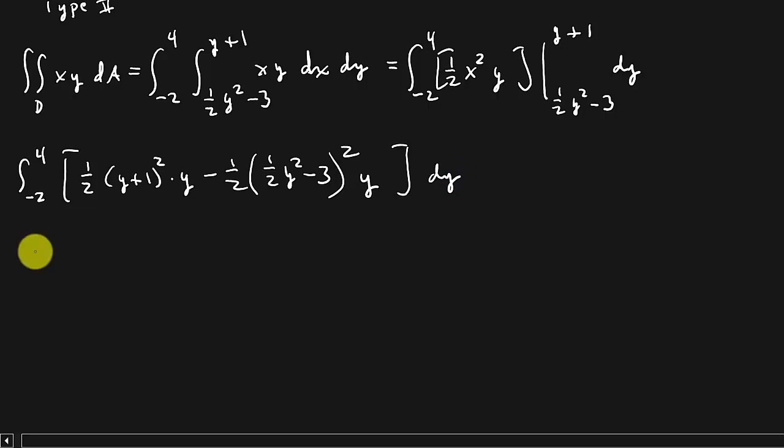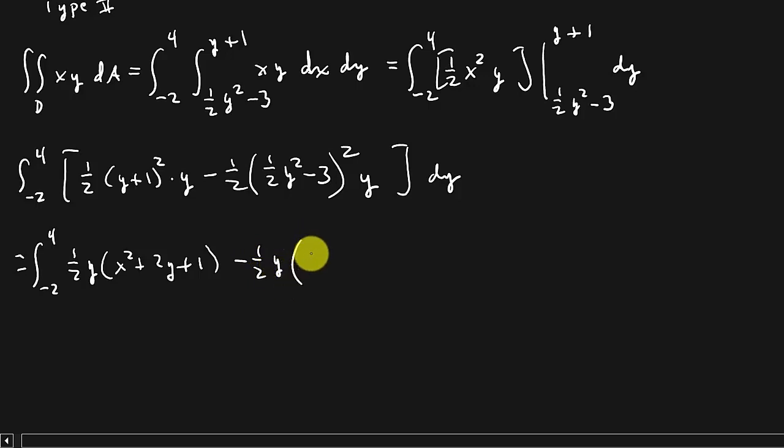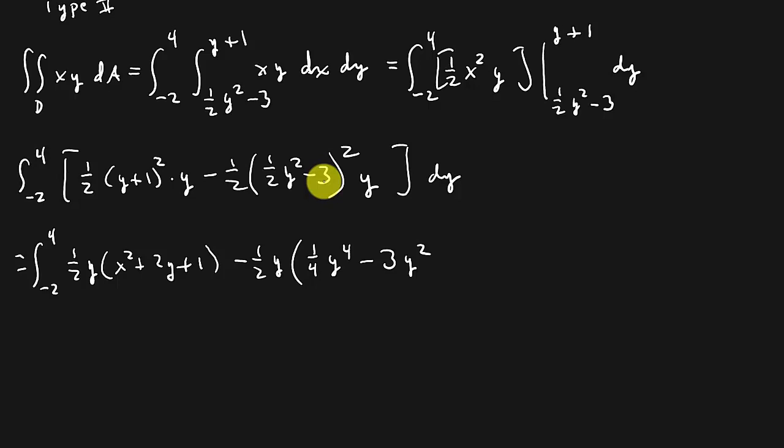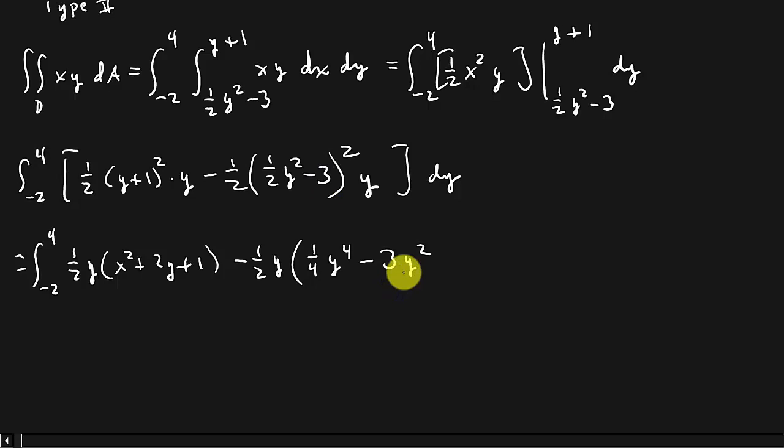All right, so let's see what this gives us. -2 to 4. That's going to be 1/2 y, and I'm just putting those together, y squared plus 2y plus 1, minus 1/2 y times 1/4 y to the 4th minus 3y squared. Because that's going to be 1/2 and negative 3, which is negative 3/2. Negative 3/2 minus 3/2 is 6/2, which is just 3.